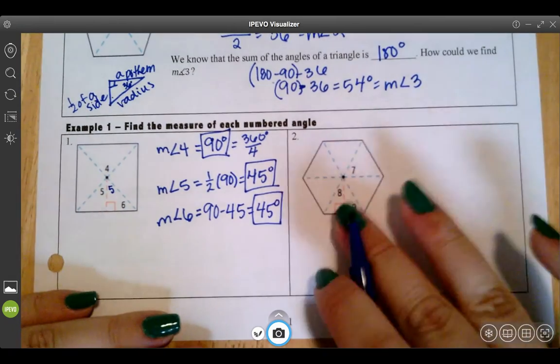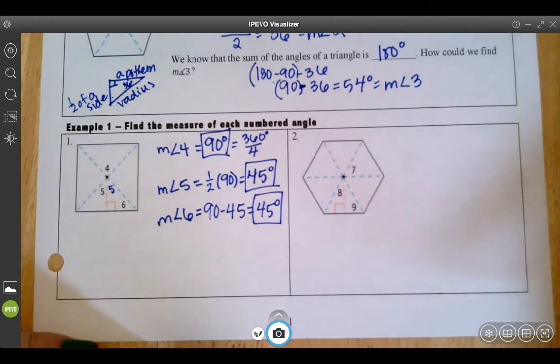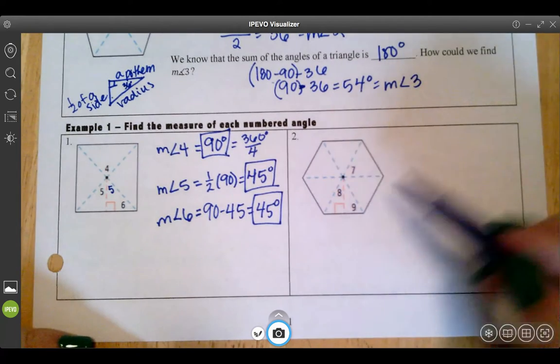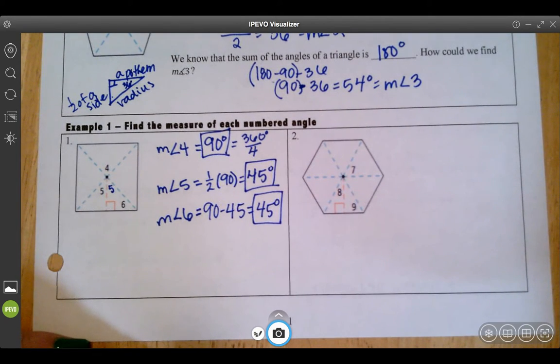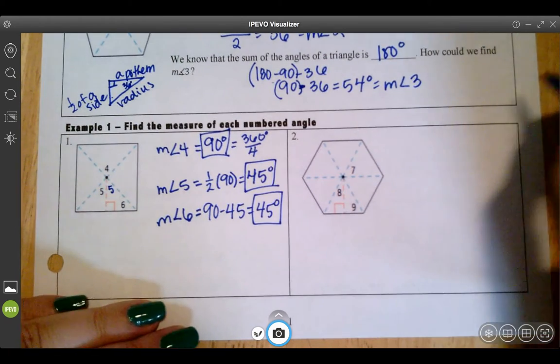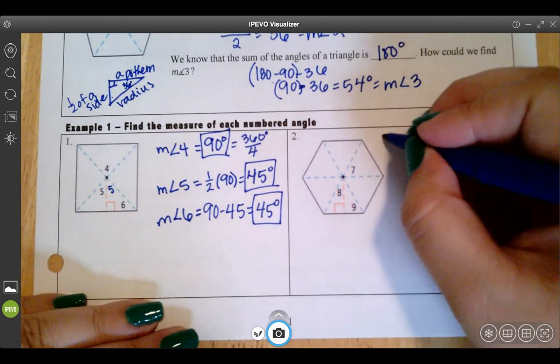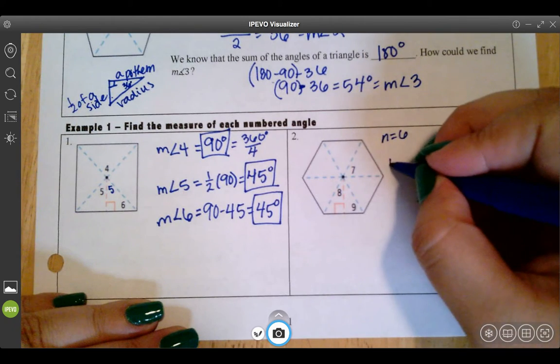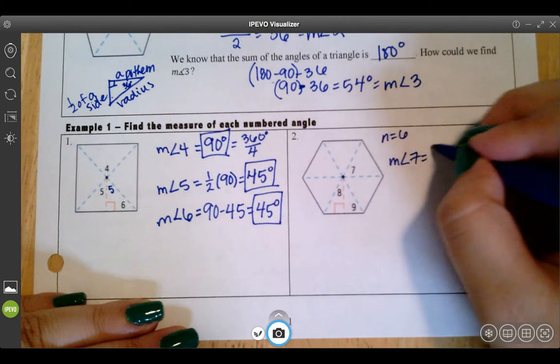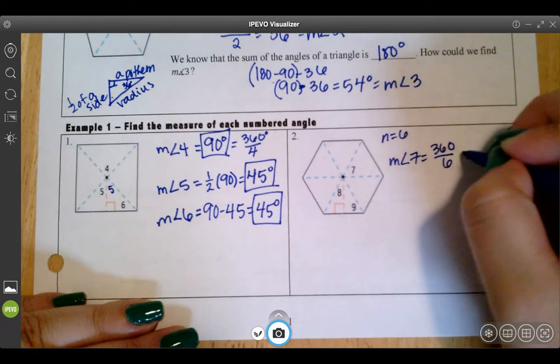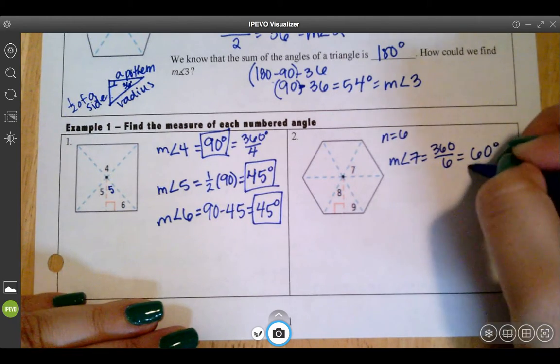Okay. For number 2, we're doing the same thing, except with a hexagon. Go ahead and try it. So here our number of sides is 6. To find the measure of angle 7, we do 360 divided by 6, giving us 60 degrees.